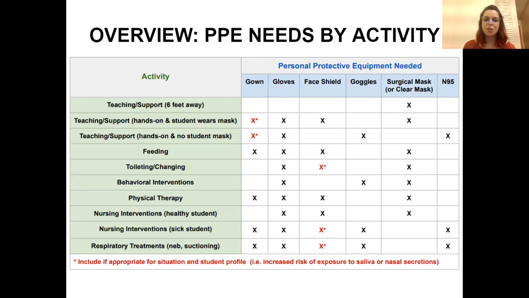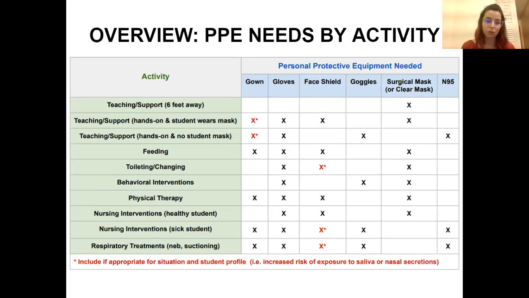For nursing interventions involving a healthy student, so an injury, your scheduled student medications or treatments, we would recommend wearing gloves, a face shield, and a surgical or clear mask. However, if you are involved in nursing interventions with a student that is experiencing symptoms of illness, whether that's COVID-19 related or otherwise, we are recommending gown, gloves, face shield if appropriate for the situation, but also goggles and an N95 respirator.